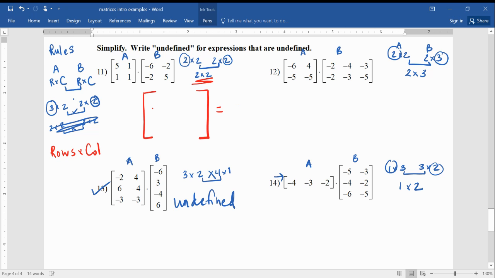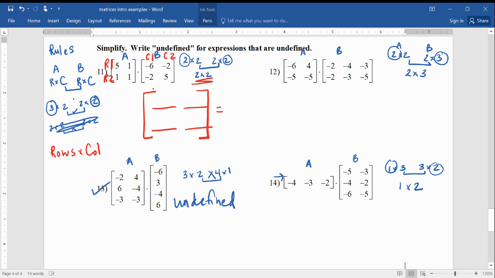A 2 by 2 matrix has 4 elements, 2 rows and 2 columns. Remember we always multiply rows by columns. What are the rows from matrix A? Row 1, and here's the second row. I use the rows from the first matrix and the columns from the second matrix.